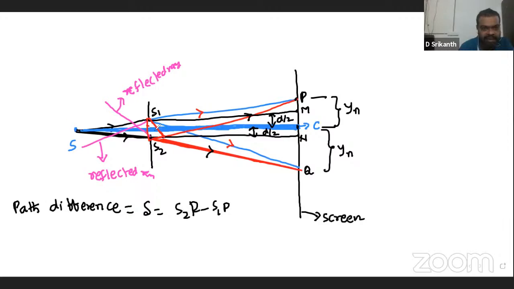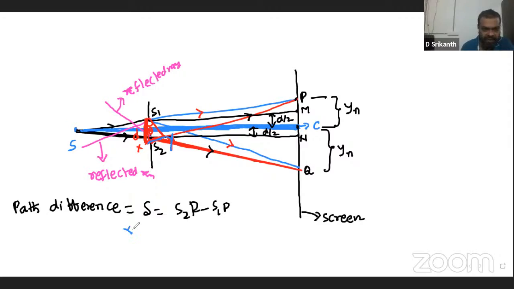This is the angle theta. This is my slit width, which I consider as D. Suppose let us consider this as X and this one as Y. Path difference is nothing but XY.